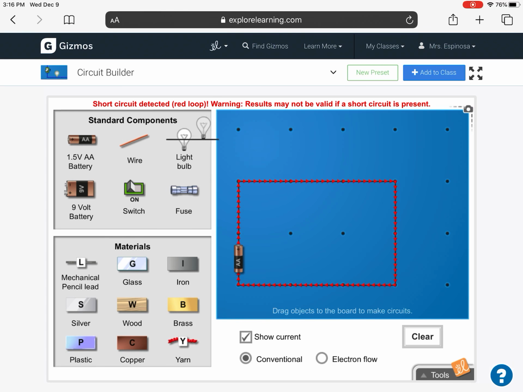With my device here, now those electrons are flowing safely through the wire. If I put it back where there is no device and I just have a direct current with no resistor on it, what I can do is take this fuse and place it on our circuit, and notice what happens is that the fuse actually breaks.